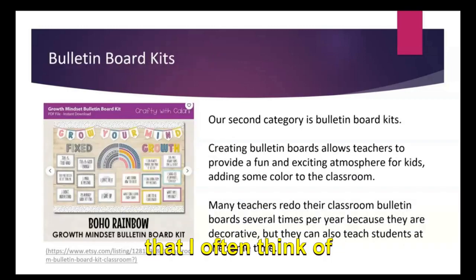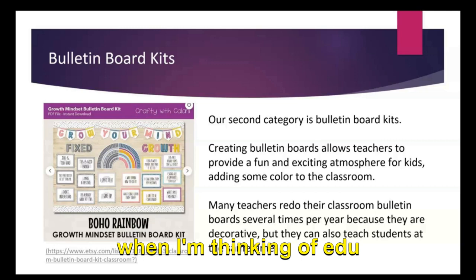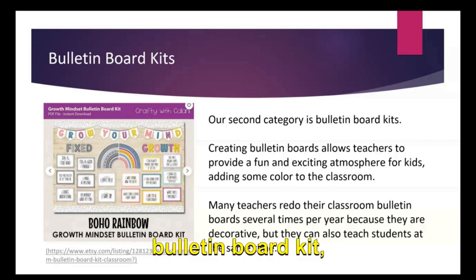The second category that I often think of when I'm thinking of EDU decor products is bulletin board items. So this could be a bulletin board kit, like the example we see here, or it could be individual pieces that would be used on a bulletin board, like the bulletin board borders we looked at earlier. So a lot of teachers use their bulletin boards both as decoration for the classroom, but also as a place to teach.